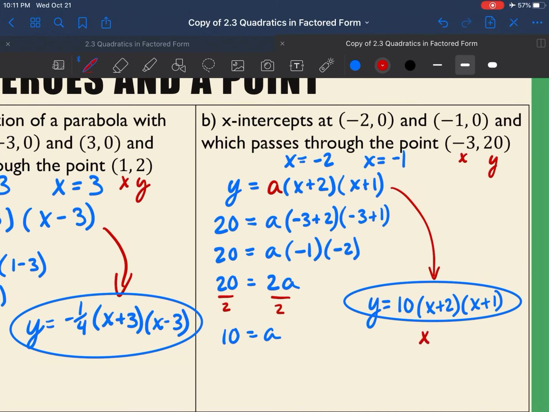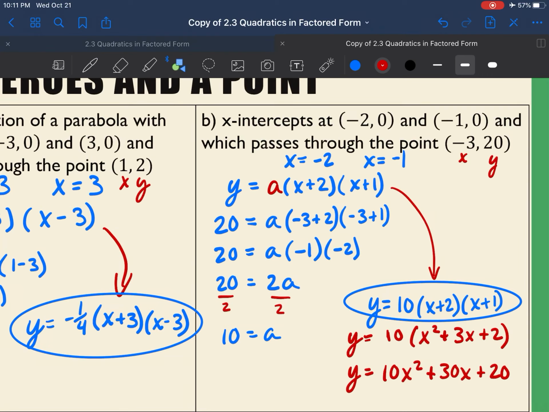When you multiply x plus 2 times x plus 1, you get x squared plus 3x plus 2. And then this would be multiplied by the 10. So final answer multiplied completely out when you distribute out the 10 gives you 10x squared plus 30x plus 20.